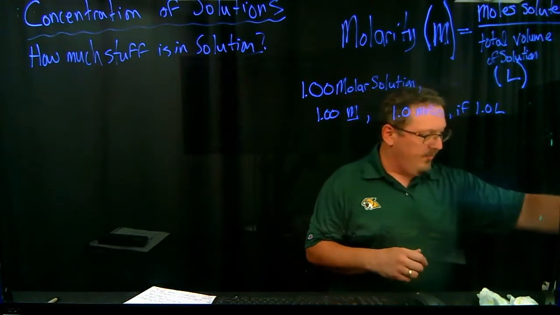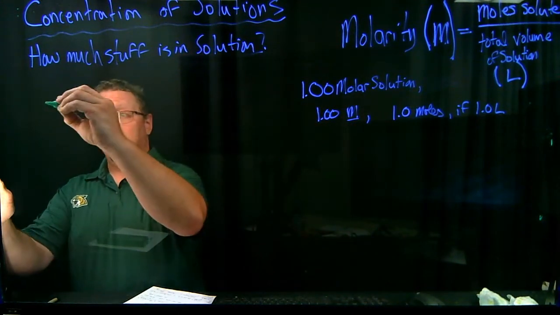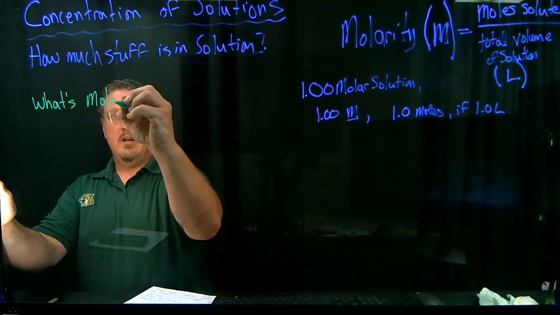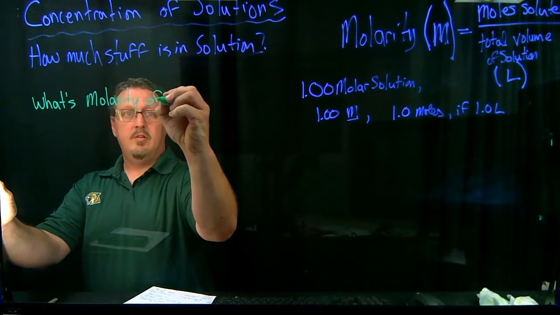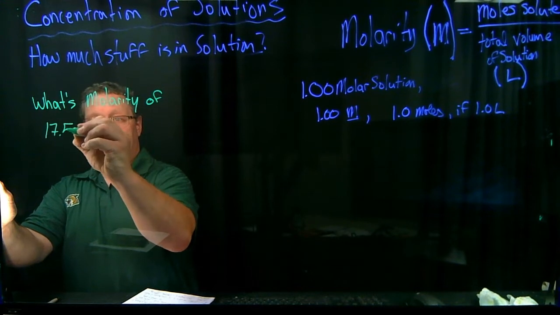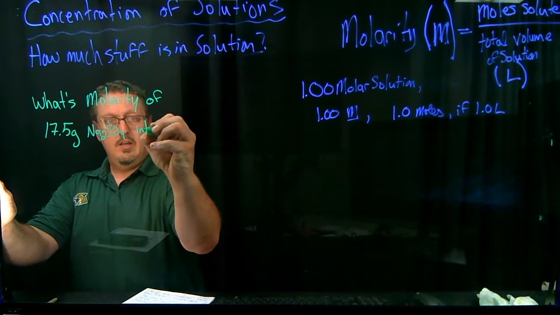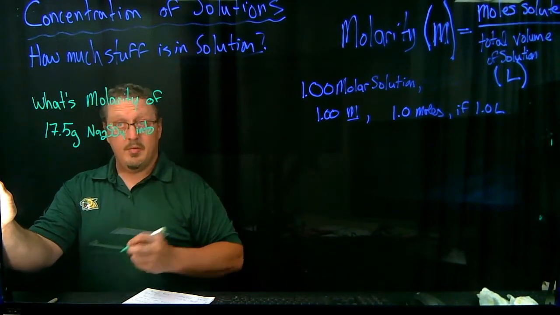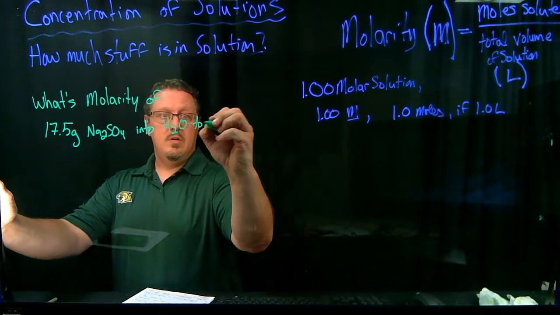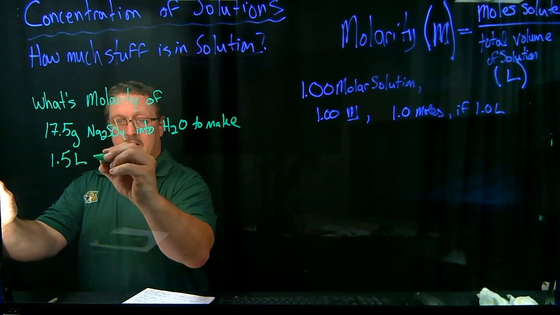Let's do an example problem. What's the molarity of a solution made by dissolving 17.5 grams of Na2SO4 into enough H2O to make a 1.5 liter solution?